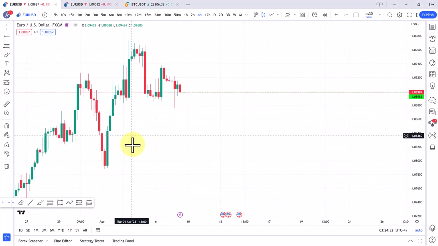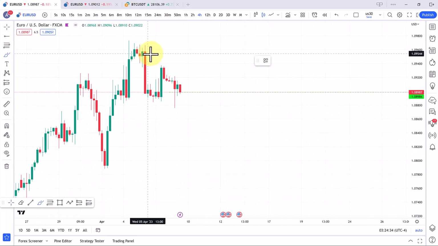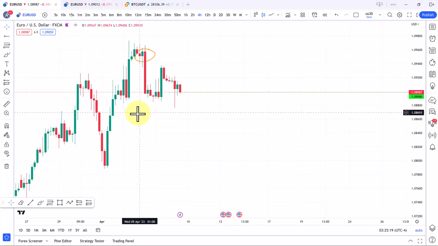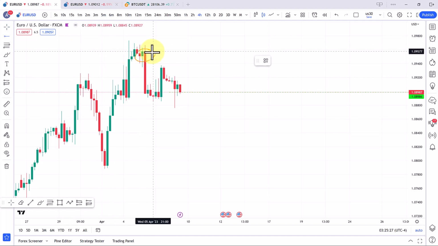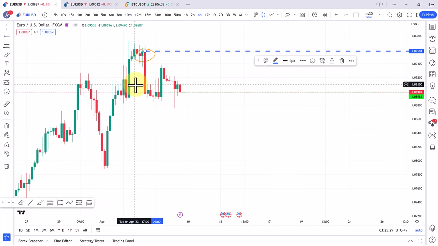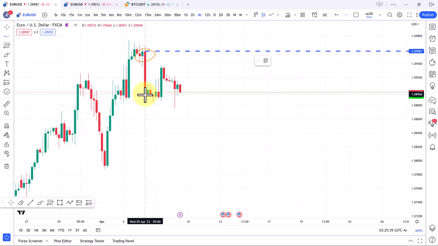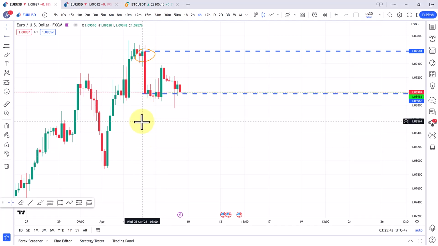Or when we go, for example, in this particular time, we know that this big candle, which is the candle of 9 o'clock for 23 April, started here and it ended up here at 12 o'clock. Why? Because it is a 4-hour candle.